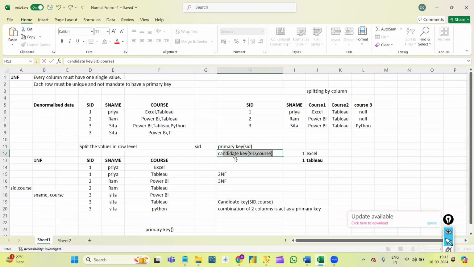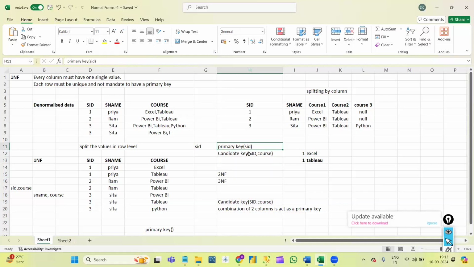In the same way, if I define a candidate key, something like this, whenever I am about to define a candidate key, I will use two columns, the combination of two columns. Definitely we need to use two columns, and we will use the word candidate key, but the combination of these two columns will do the same functionality as a primary key.